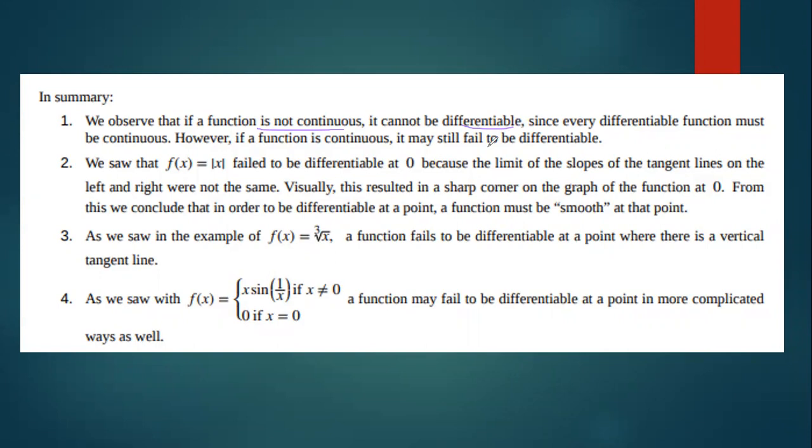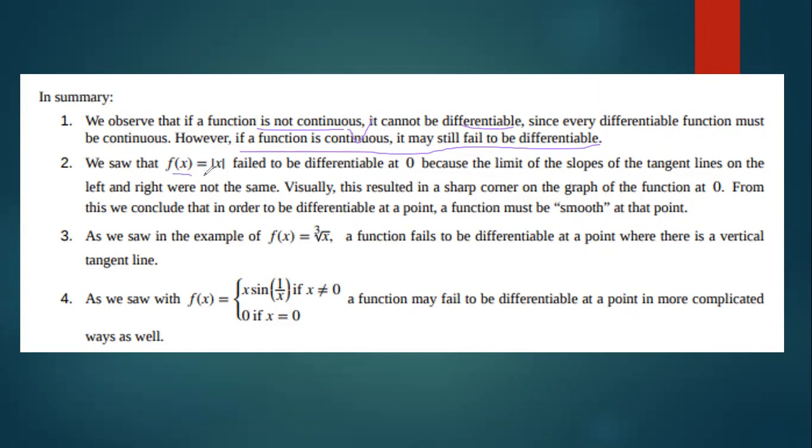Since every differentiable function must be continuous, however, if a function is continuous, it may still fail to be differentiable. This means that if a function is continuous, there is a chance that the value may be infinity, that the value may be zero, or that the value may have under root values.